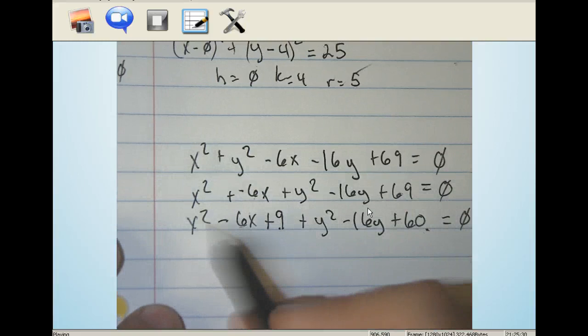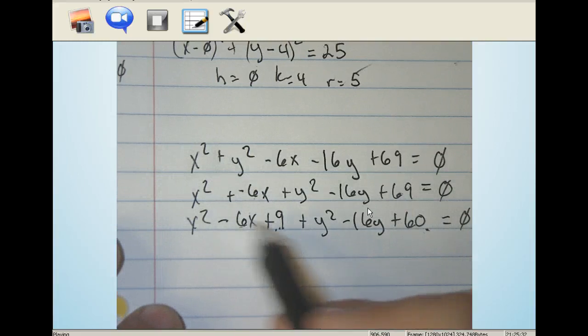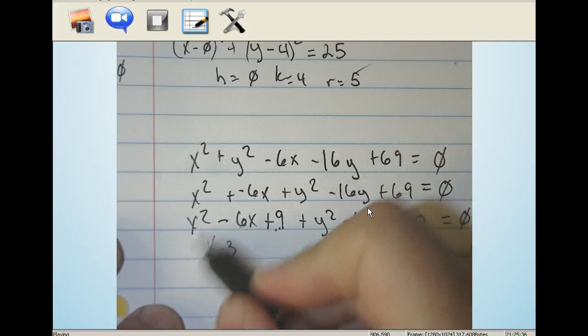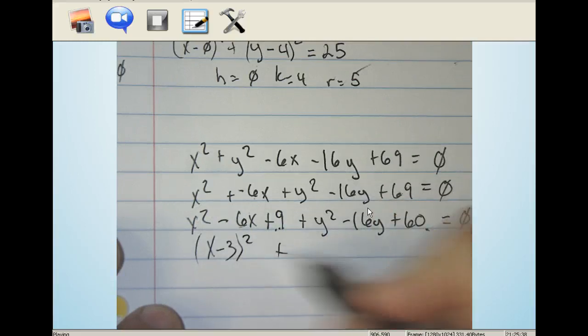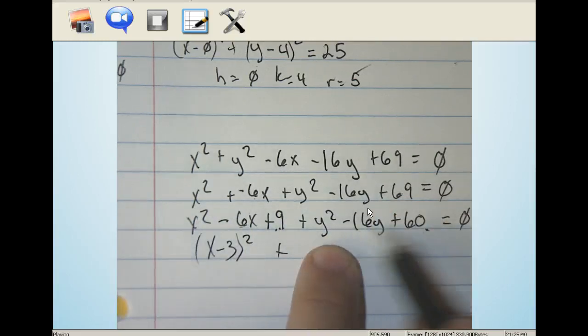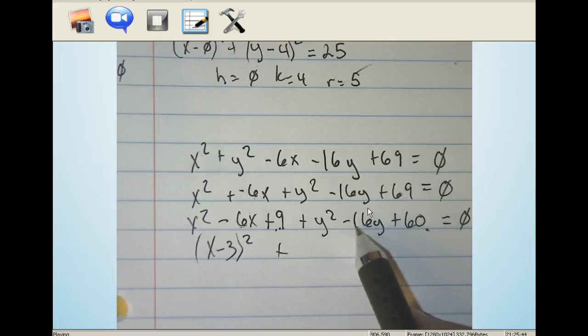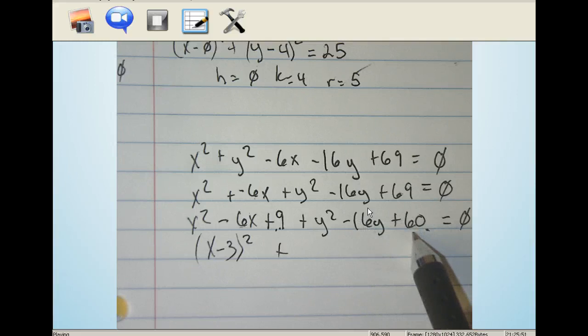So now I can factor this, right? So that would be x minus 3 squared plus, and over here I've got to figure out how can I get this to factor. Well, what do we have here? Half of 16 is 8, negative 8, right? Negative 16 gives negative 8, and negative 8 squared is 64.